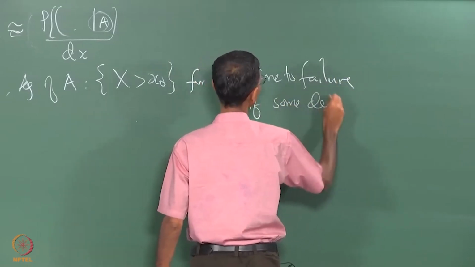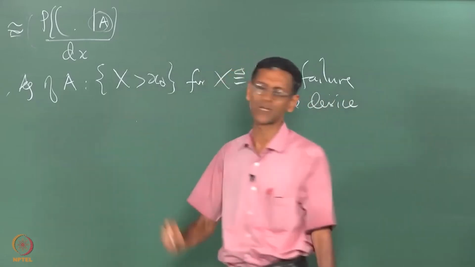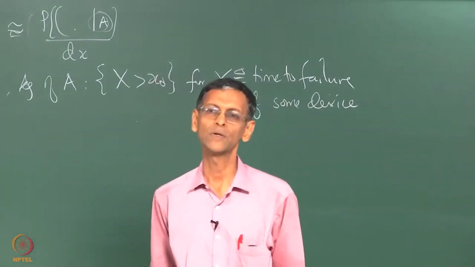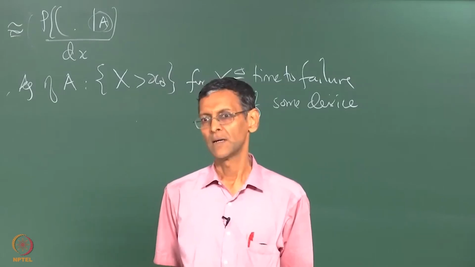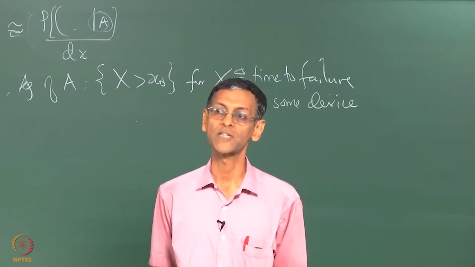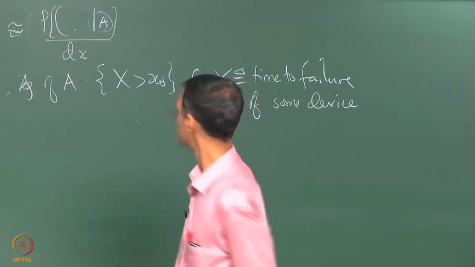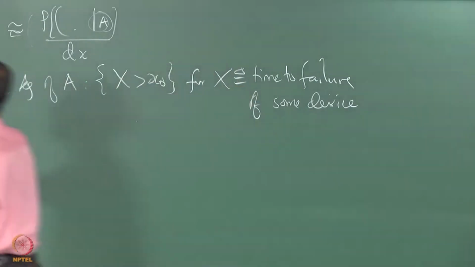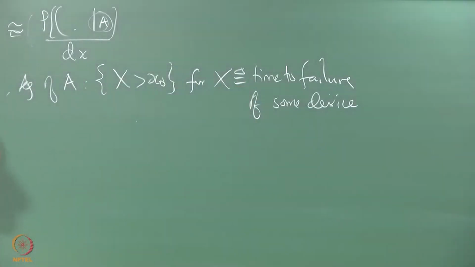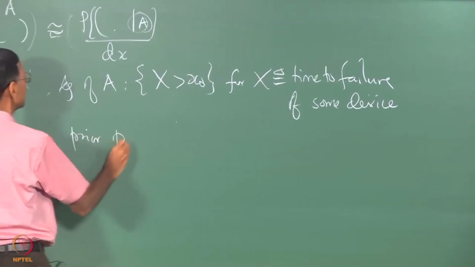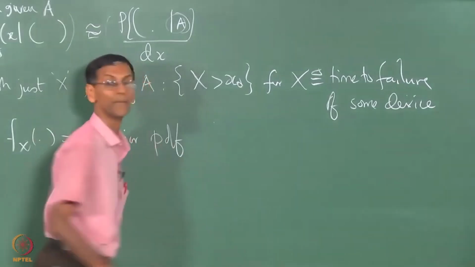These times to failure are always modeled as continuous random variables, never discrete, because you are assuming that you can measure the time very, very precisely, and it is not from a countable set. So fx by itself is the a priori, or just call it prior, the prior PDF of this time to failure.